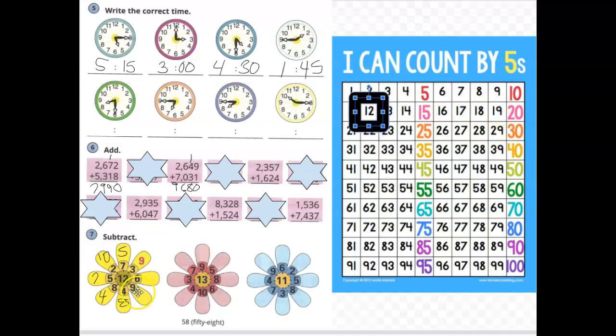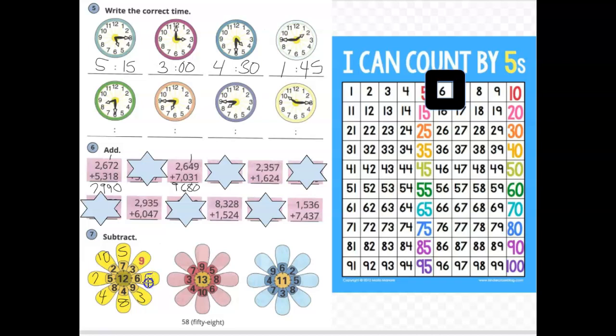And this time I'm taking away 9. 1, 2, 3, 4, 5, 6, 7, 8, 9. Okay, now I'm going back to the middle guy, which is 12. And this time I'm taking away 6. 1, 2, 3, 4, 5, 6.